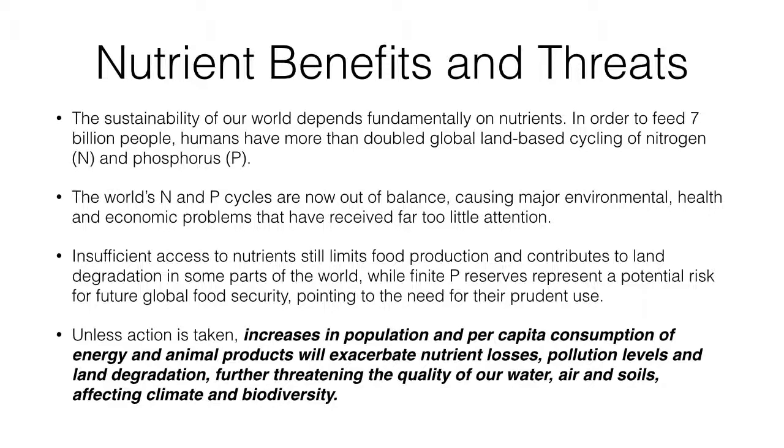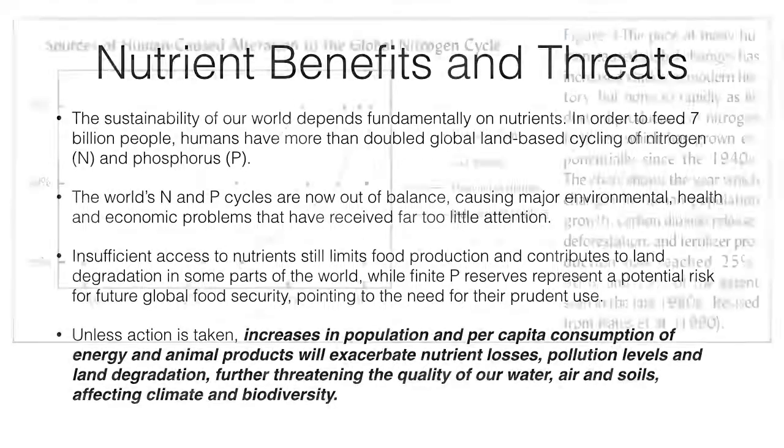So we want to deal with balancing these increases in population, the animal and energy production that we talk about, pollution levels, water, soil, and air quality issues as well.